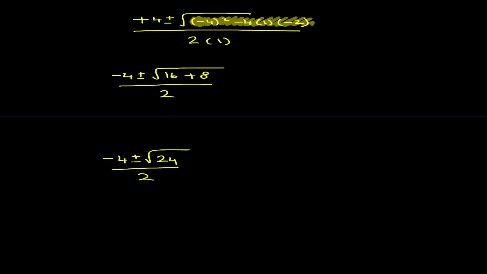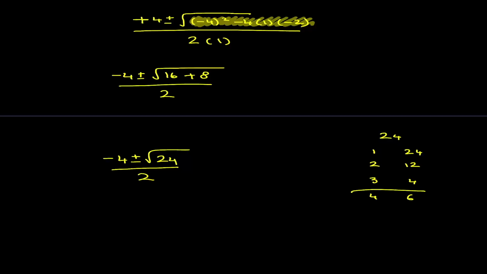And we could probably go a bit further. Let's write out all the factors of 24. So you could have 1 and 24, 2 and 12, 3 and 8, 4 and 6.